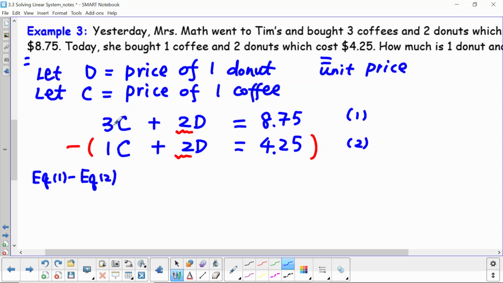Then you will have 3C minus 1C. 2D minus 2D is 0D. We don't need to write it. $8.75 minus 4.25. Then collect the like terms.